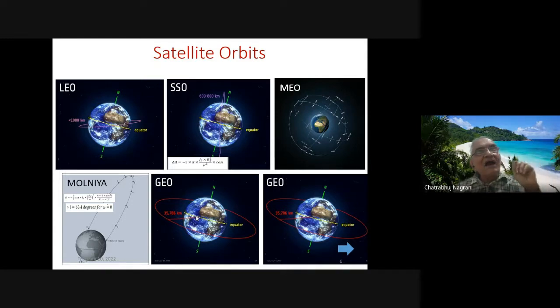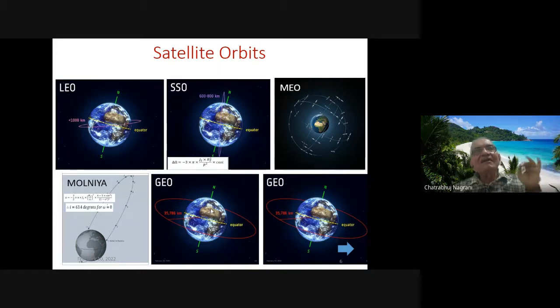Now, as I told you, at a given radius of the orbit, the satellite has a particular angular velocity or tangential linear velocity, whichever, because r omega is tangential velocity and omega is angular. As you go on changing the orbit, your tangential velocity changes.